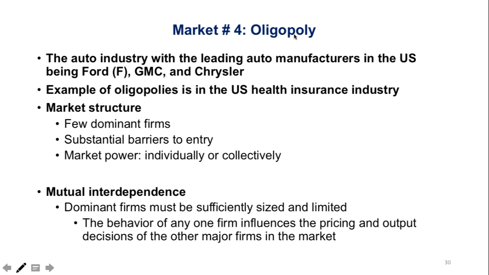Because of their mutual interdependence, the dominant firms must be sufficiently large and limited in number. So they are very big. The behavior of any one firm influences the pricing and output decisions of the other firms. Since they have a big market share, any decision they make in cutting the level of production or changing the price impacts the market for the others as well.